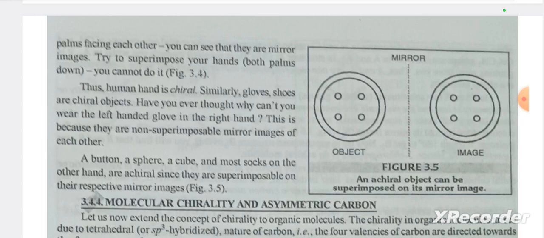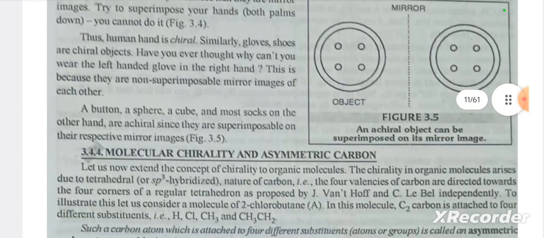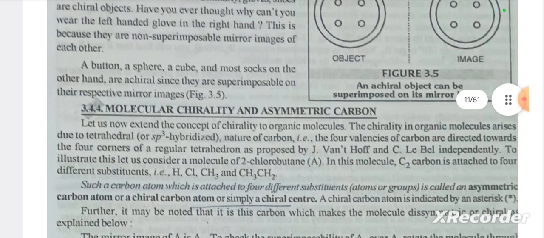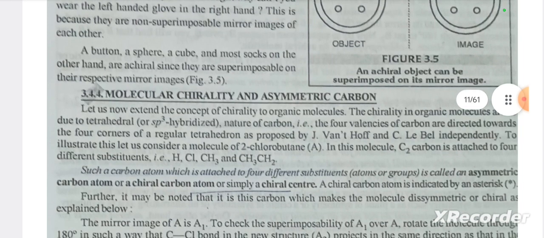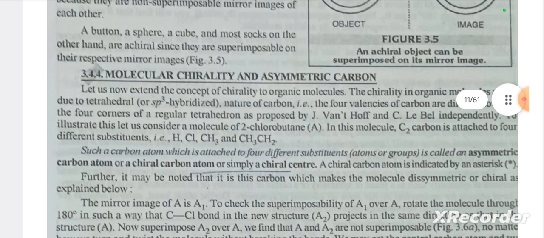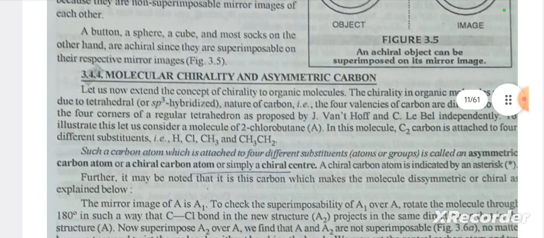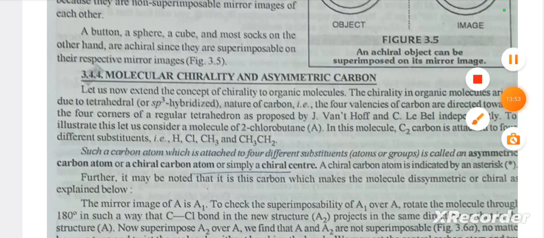You can't do it. Thus, the hand is chiral. Similarly, gloves and shoes are chiral objects. Have you ever thought why you can't wear a left-handed glove on the right hand? This is because they are non-superimposable mirror images of each other. A button, a sphere, a cube, or most socks, on the other hand, are achiral since they are superimposable on their respective mirror images.